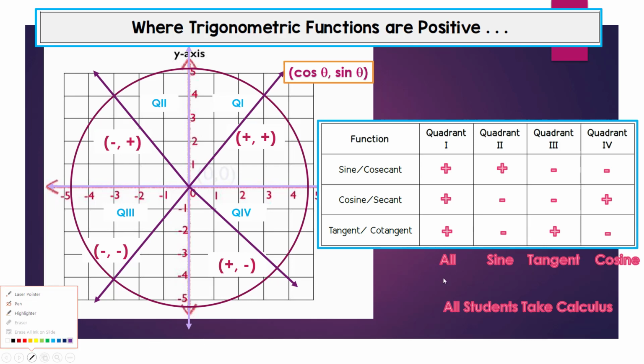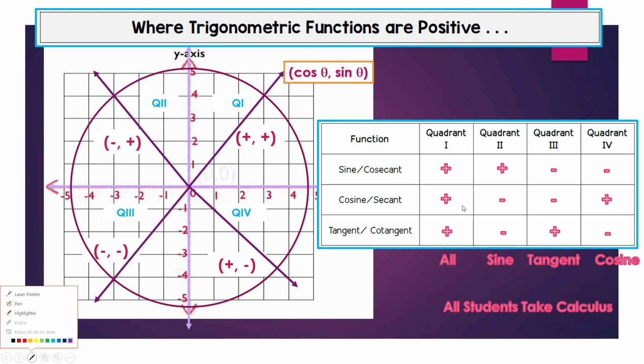While this is here, let me go ahead and say this. We need to remember which functions are positive in which quadrants. In the first quadrant, all of them are positive. Second quadrant, just sine and cosecant are positive. Third quadrant, tangent is positive. In the fourth quadrant, cosine is positive. There are different mnemonics that will help us remember this, but All Students Take Calculus is one.